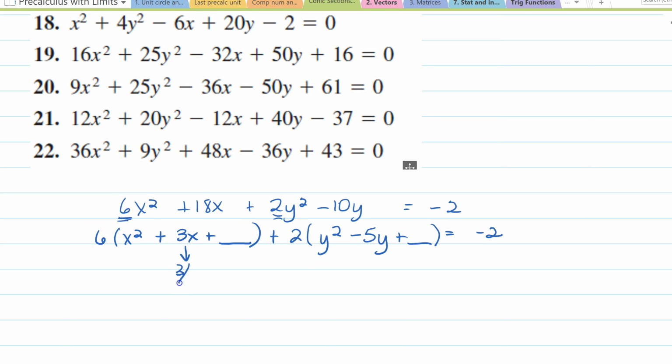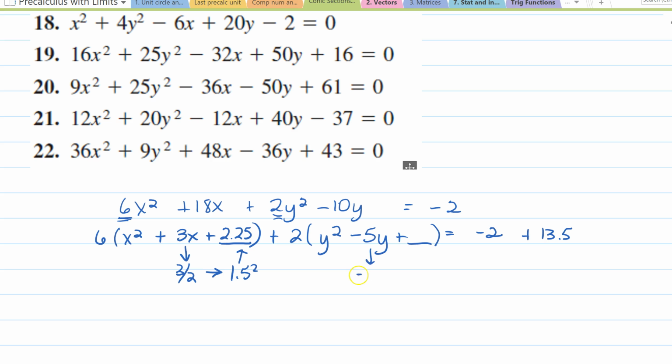I take the linear term divided by 2, which is 1.5, and I square it, and that's 2.25. However, I'm not just adding 2.25, I'm adding 2.25 times 6. So 2.25 times 6 is 13.5. If that's what I'm really adding to the left, I must add it to the right-hand side.